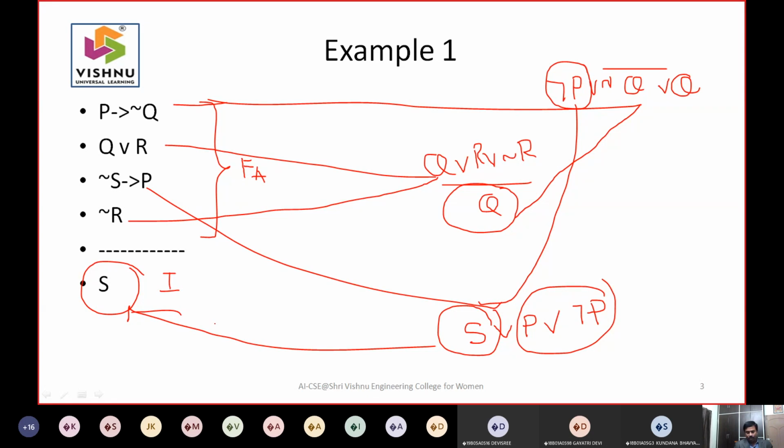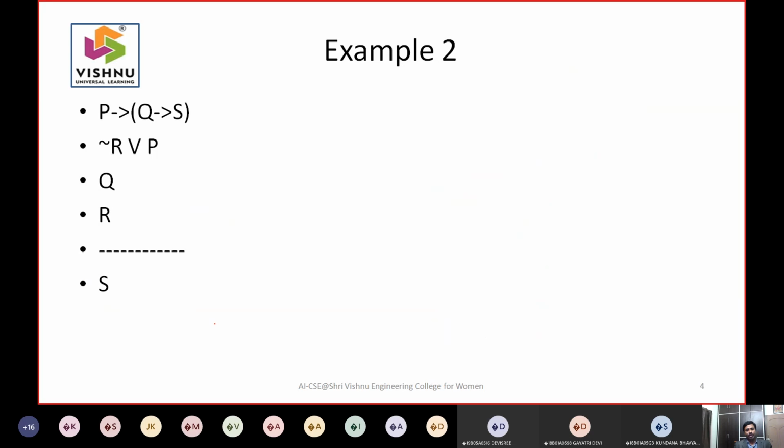You can see a second example which is simpler than the earlier one, because 4 statements are given and 2 statements are with single variables. You have a Q here, you can start here, or you have R here, you can start here.